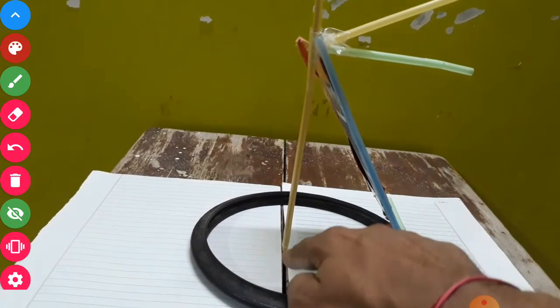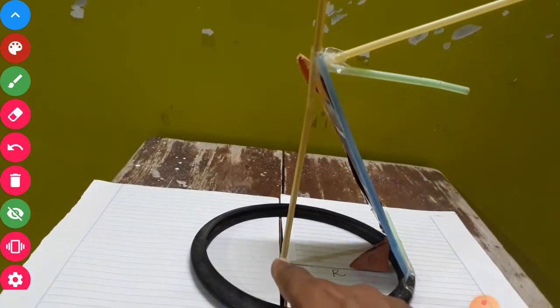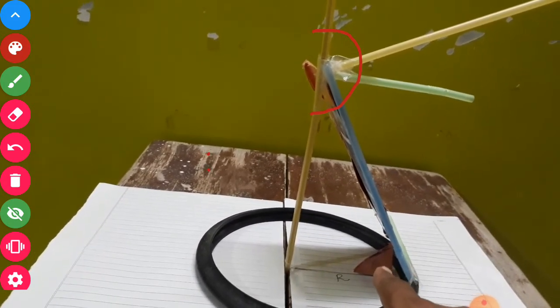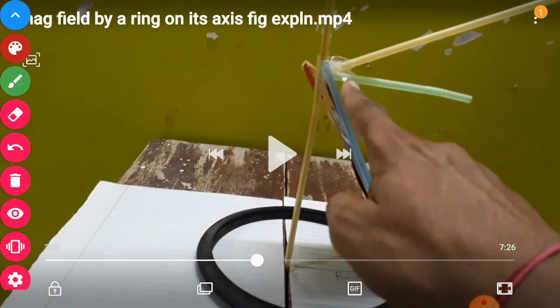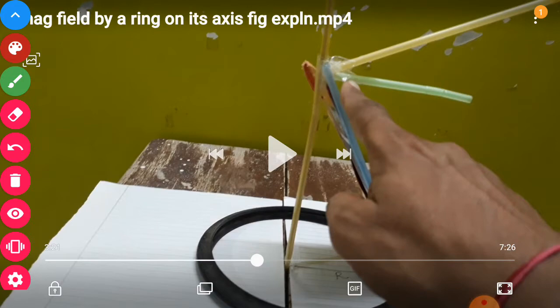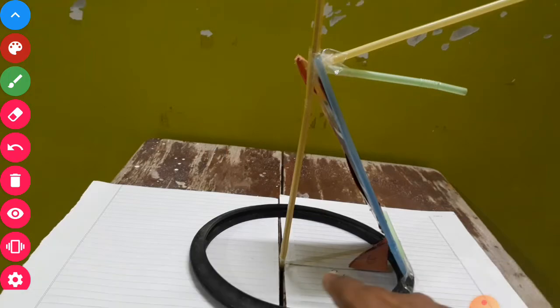Now this whole angle, you can understand, is 180. Slightly back I am taking. Now you can see this total angle is 180, and this is your 90 minus theta.